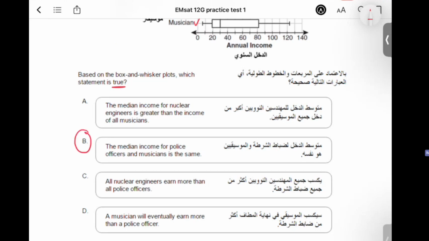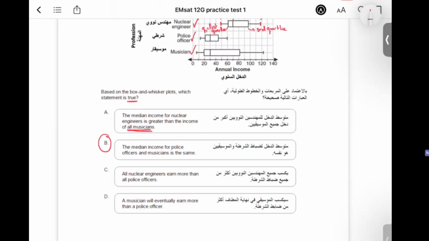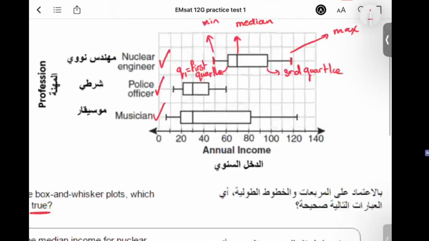But I have to explain why it's not correct in A, C, D. In A, he is saying the median income of a nuclear engineer is greater than the income of all musicians. And here is the mistake. You go to the median engineer. What is the reading?